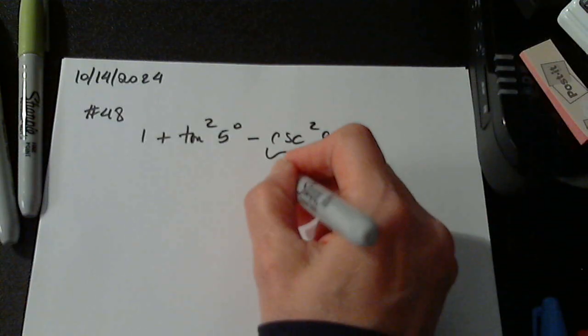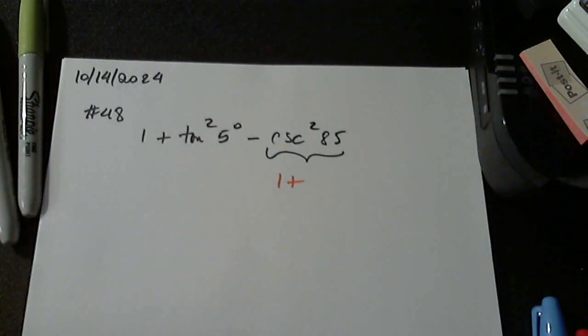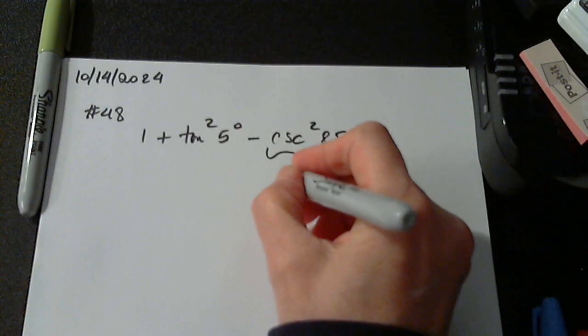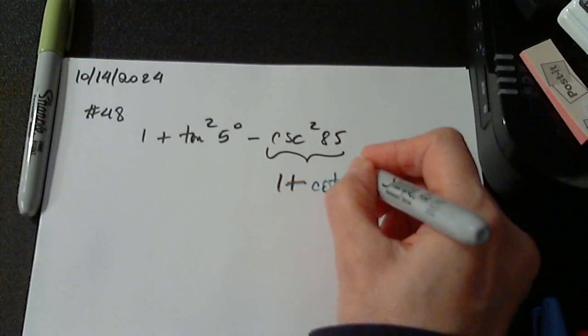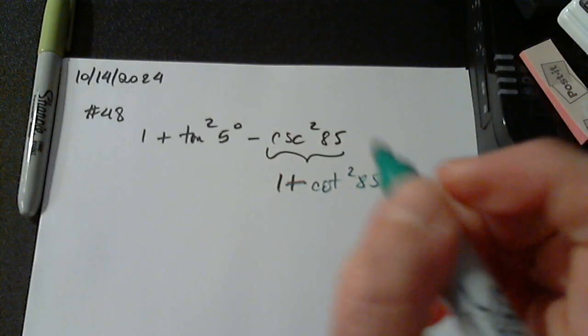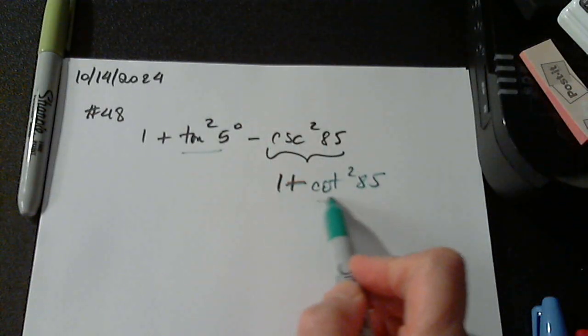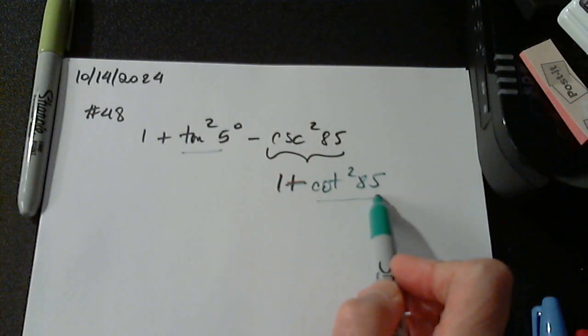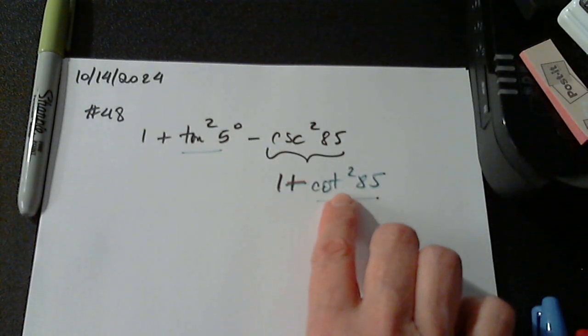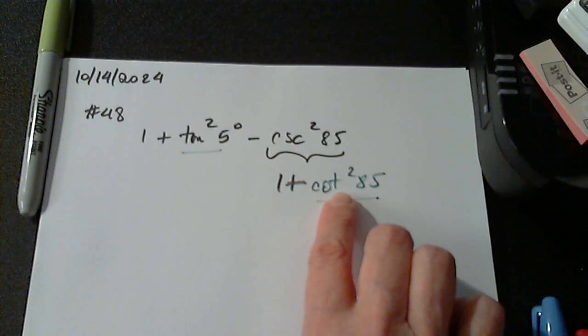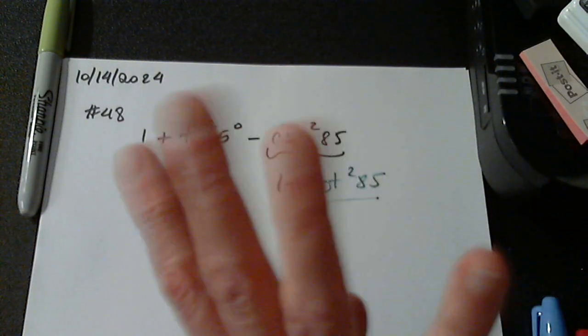So this is 1 plus cotangent squared 85. I like this idea because I already know from last week that tangent and cotangent are co-functions.